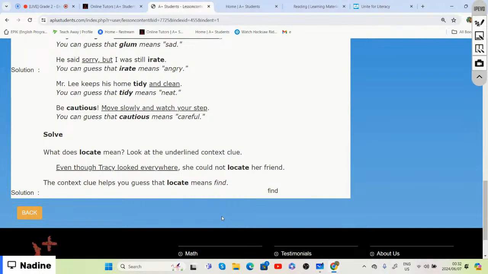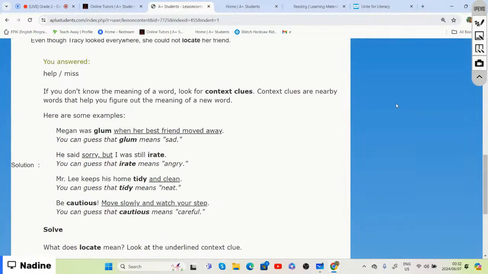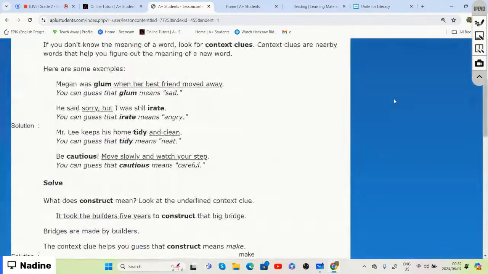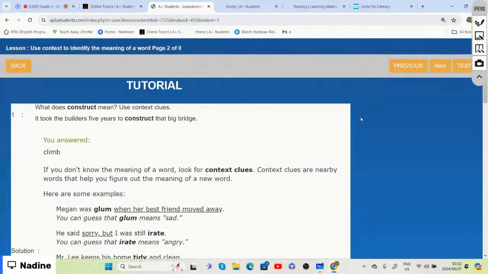All right, so now we're going on to our test, where we need to use context to identify the meaning of the word.